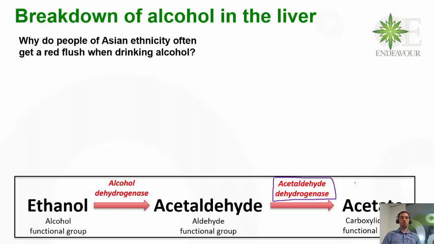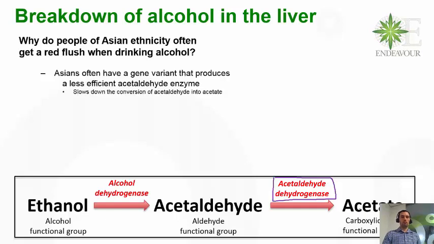So it's not as good at facilitating the chemical reaction from acetaldehyde to acetate than, for example, the version of the enzyme that is made by a gene in a Caucasian individual. So you can say that Asians often have a gene variant that creates the acetaldehyde enzyme that is less efficient.